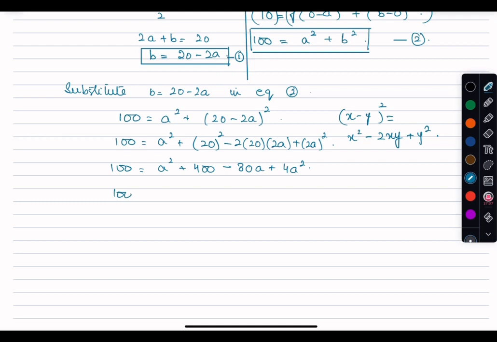Or I can say 100 equals a square plus 4a square, that will give me 5a square minus 80a plus 400. So 5a square minus 80a plus 400 minus 100 is equal to 0.